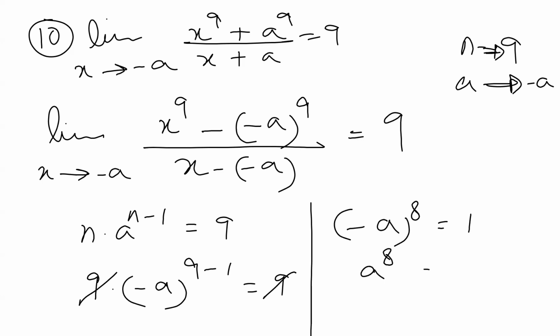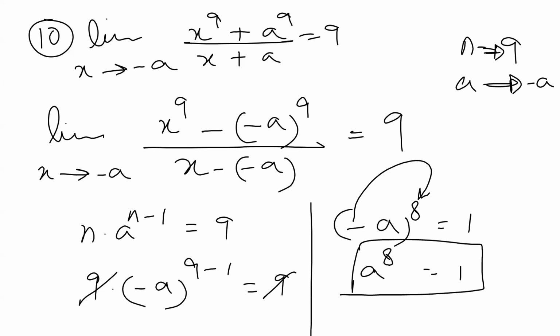So a raised to 8 is equal to 1. Minus raised to 8, it's an even power, so negative 1 raised to 8 is 1. Now when something raised to 8 is equal to 1, a is equal to plus or minus 1, because 1 raised to 8 is 1 and minus 1 raised to 8 is also 1. I hope that clears your query.